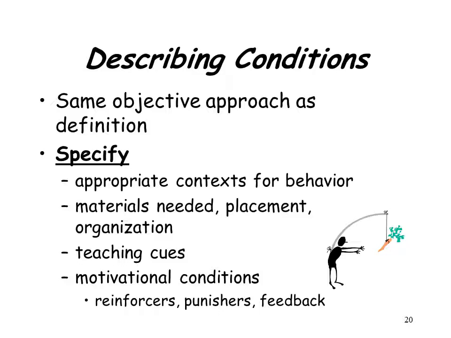The condition specifies the context in which the behavior is going to be performed, if some materials are needed, or if the student needs any kind of assistive device to perform the skill, we include that. If the student's going to require some kind of cues or prompts, we include that in the objective as well. Or we may involve motivating conditions if the student needs some kind of reinforcement to be able to perform the behavior.